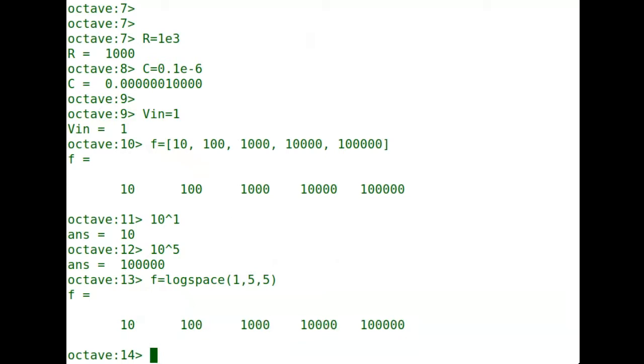But what I want to do is 200 of these. It's going to pull out 200 values between 10 and 100,000.